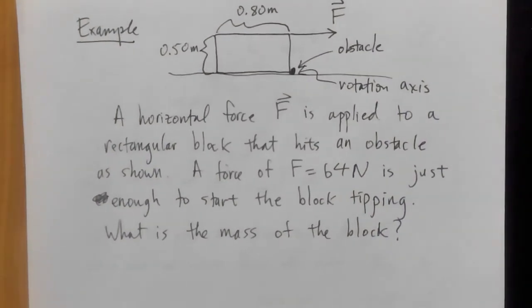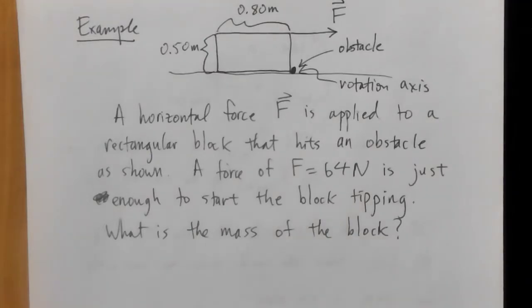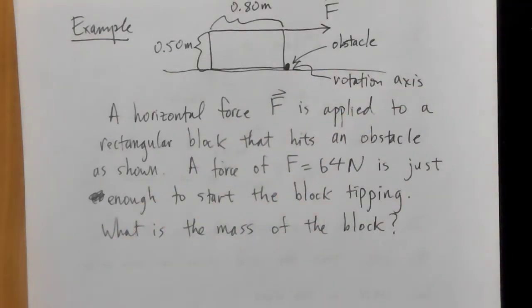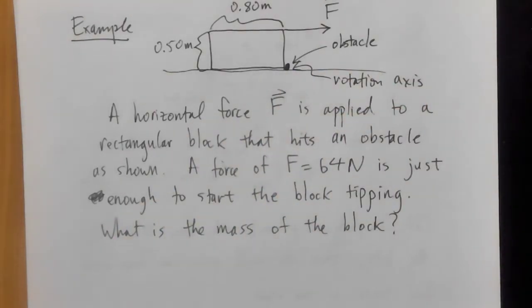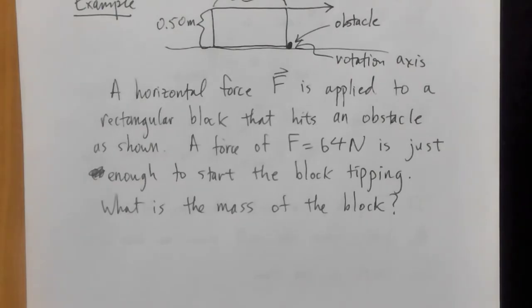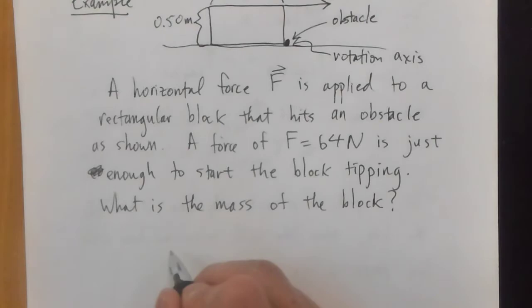So we're going to calculate the torque due to the weight of the block, calculate the torque due to the horizontal force, and then determine what the mass of the block is. Do you now see that we can actually get the answer? We set the net torque equal to 0.